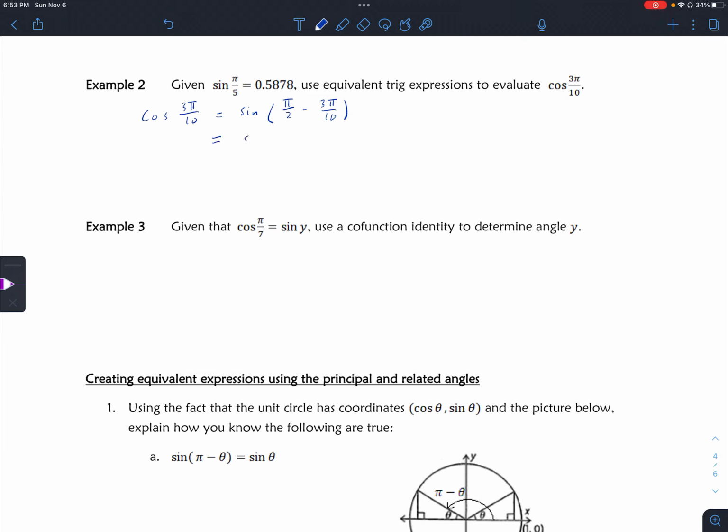And so that's going to be sine of 5 pi over 10 minus 3 pi over 10, just getting a common denominator so I can subtract the angles. And so this is going to be sine of 2 pi over 10, which reduces to sine of pi over 5.